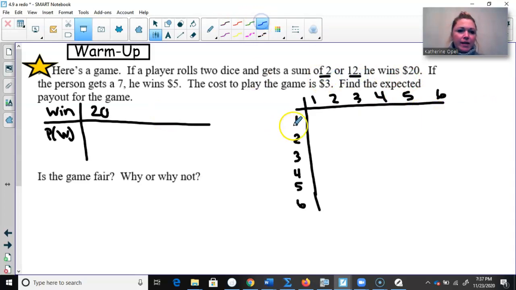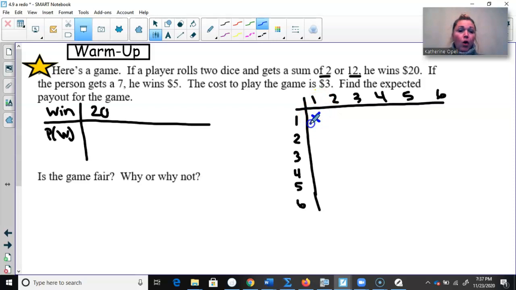In here, this is my sample space. For example, I could get a 1 and a 1, a 1 and a 2, a 1 and a 3, a 1 and a 4, and so on. I could get a 2 and a 1, a 2 and a 2, a 2 and a 3. I want to know where every place on this board is where I could get a sum of 2 or a sum of 12. If I rolled a 1 and a 1, that would give me a sum of 2.